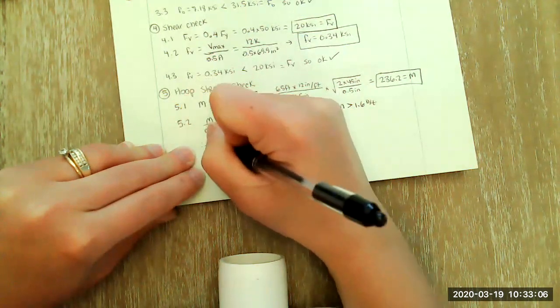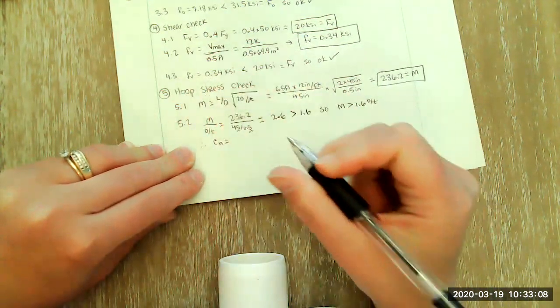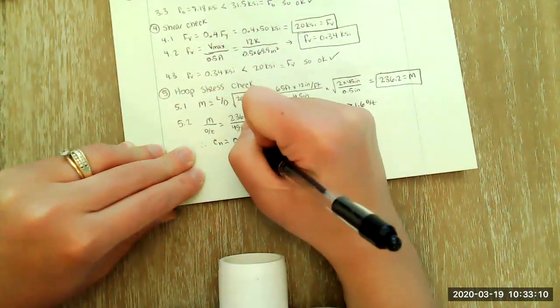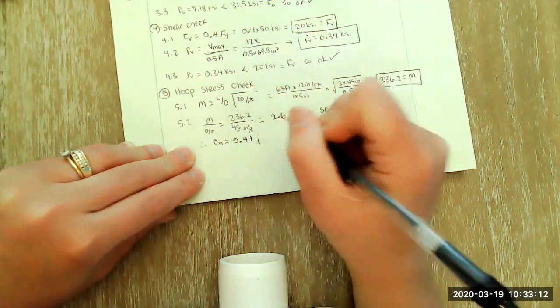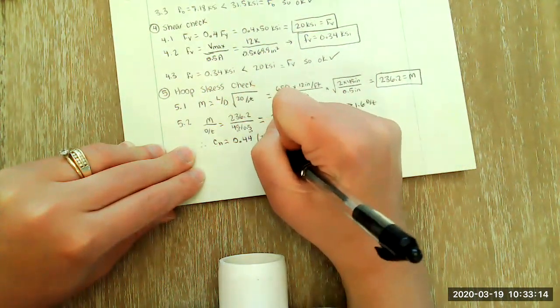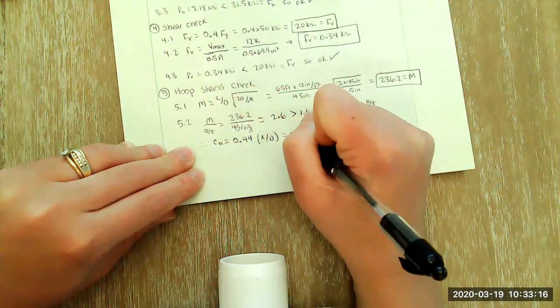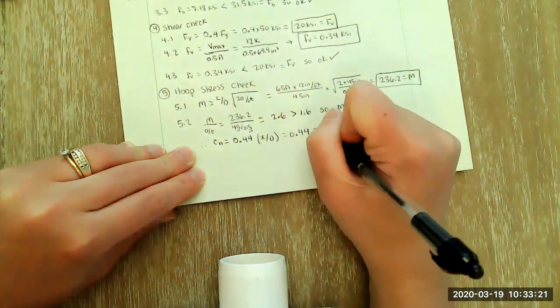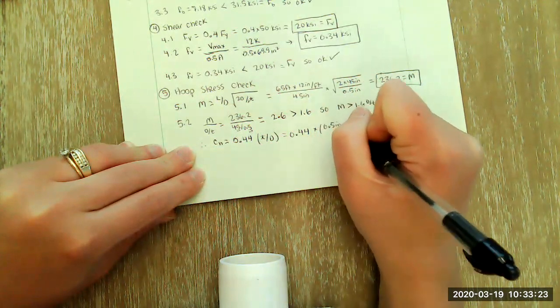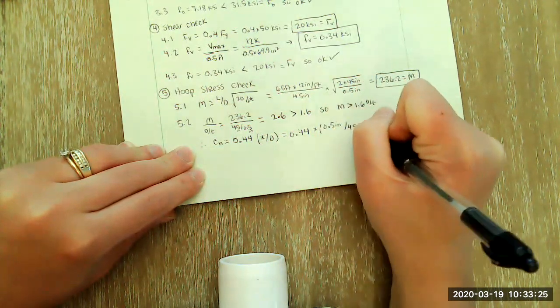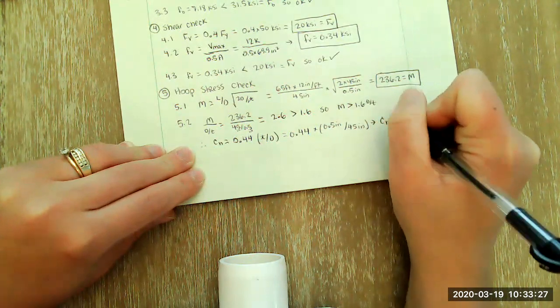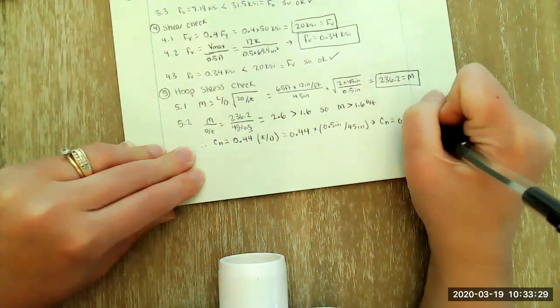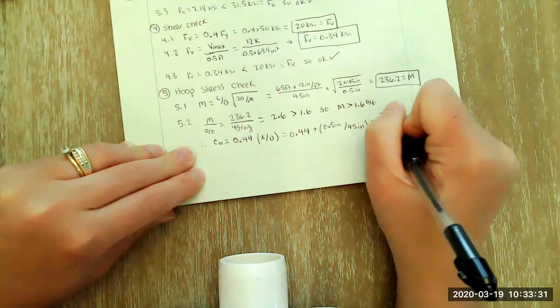And therefore, our hoop stress coefficient, C sub h, will equal 0.44 times t over d, or 0.44 times 0.5 inches over 45 inches. And we get our hoop stress coefficient is 0.0049.